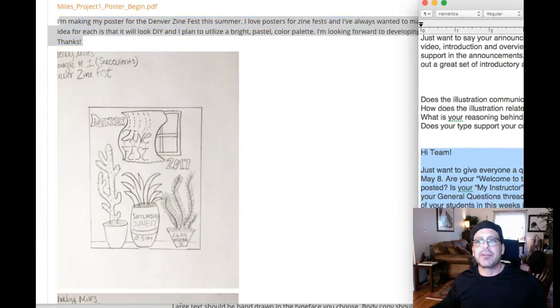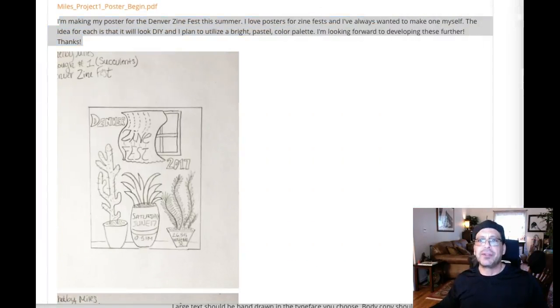And in that detailed description, I would recommend that you concentrate on the illustration itself and the effective communication of the illustration. Does it communicate effectively in terms of the objective of your concept and your message? How does the illustration relate to your concept? Of course, that's intuitive. And then what is your reasoning behind the illustration?